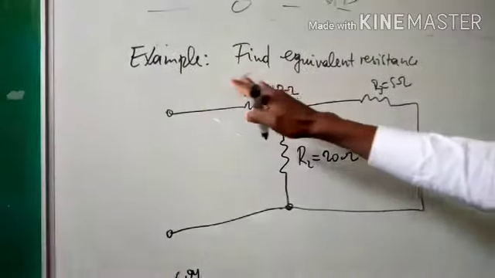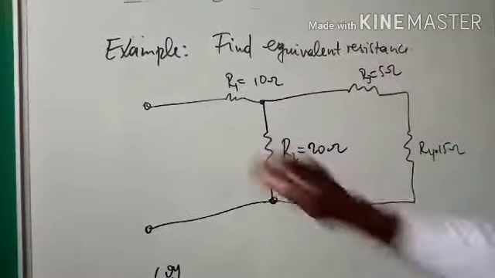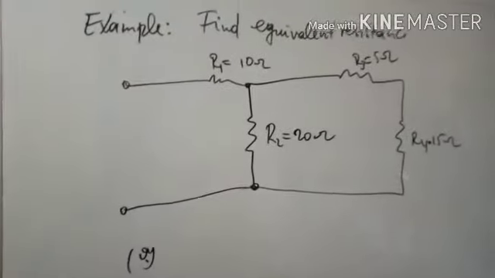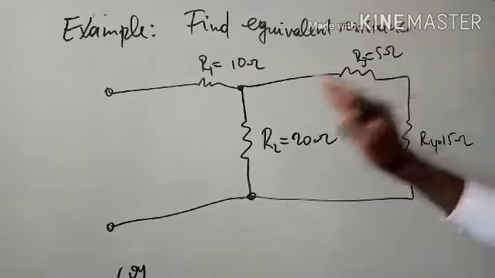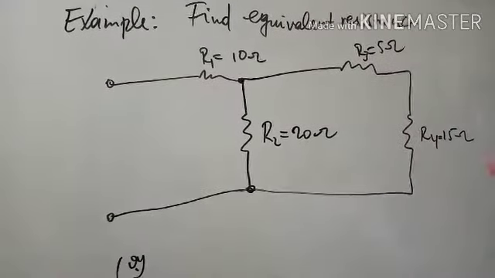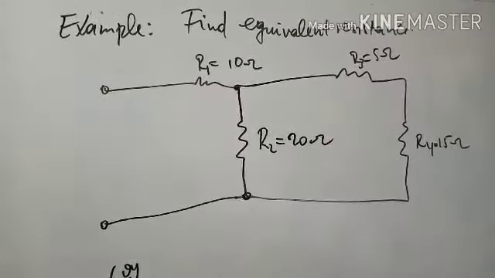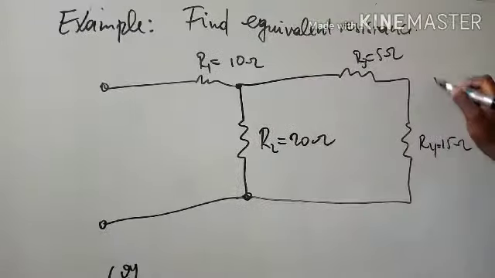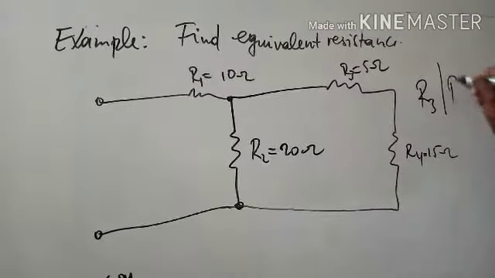Here we have to find the equivalent resistance, and this is the circuit. We have seen series and parallel, and this exercise combines series resistance and parallel resistance. So we have to find which ones are in series and which are in parallel. We see R3 is in series with R4.